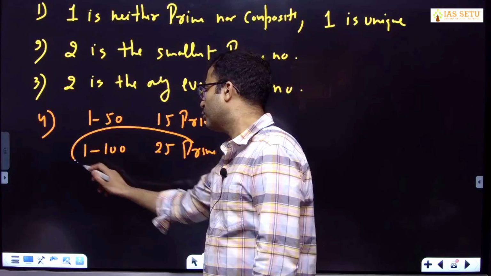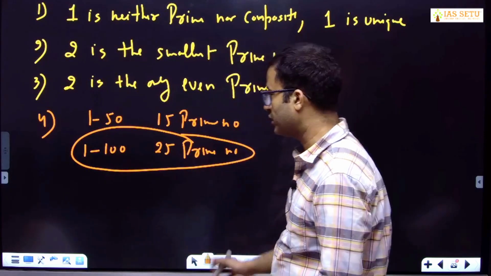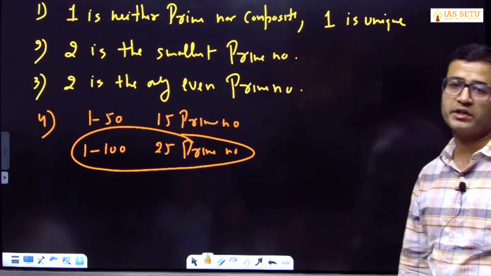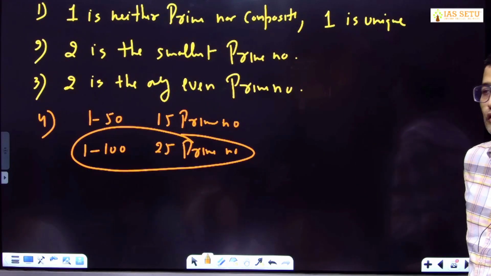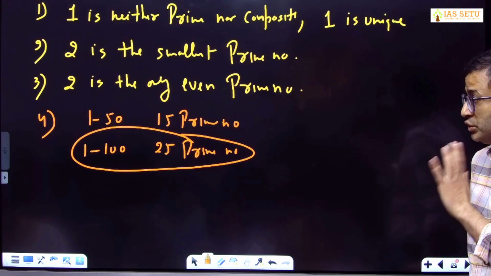These are very, very important. You have to remember, and this is your today's homework: you have to remember all these 25 prime numbers. It has to be on your tips. Directly or indirectly, there will be around one question every year on prime numbers.